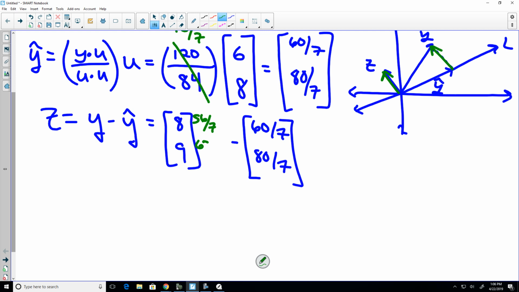This would be 63 over 7. Is that correct? Yeah. I could be messing something up, but did I mess up?